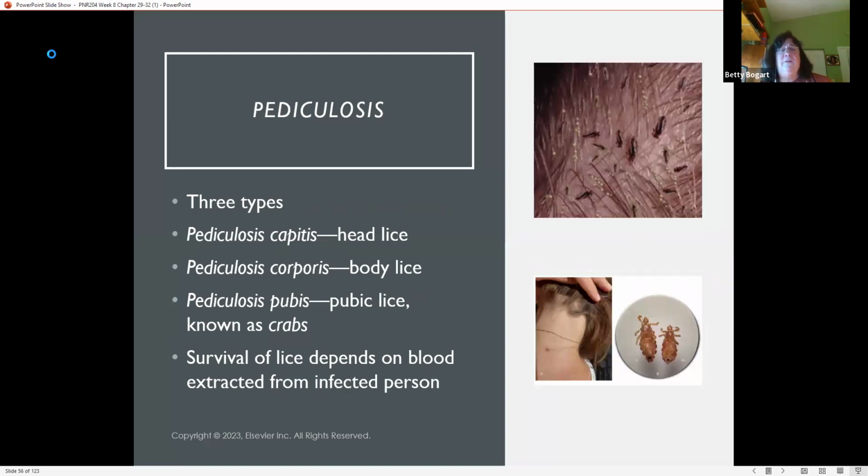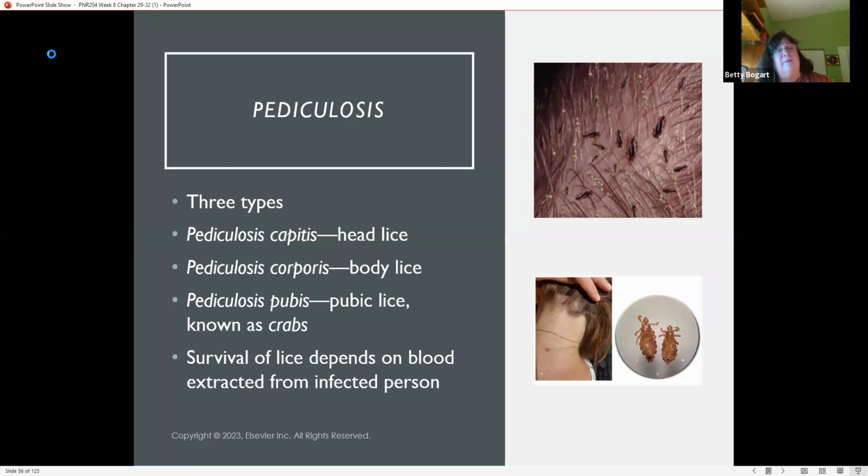So pediculosis, lice, could be head lice, body lice, pubic lice. My little girl with hair so thick and so long in kindergarten got it 3 times. It is usually something we can treat just with shampoo and combing them out. Pediculus capitis is head lice.